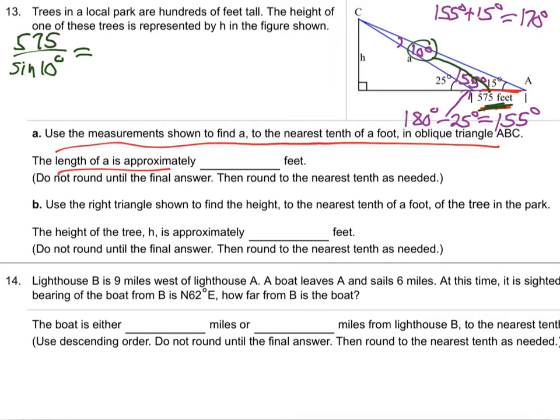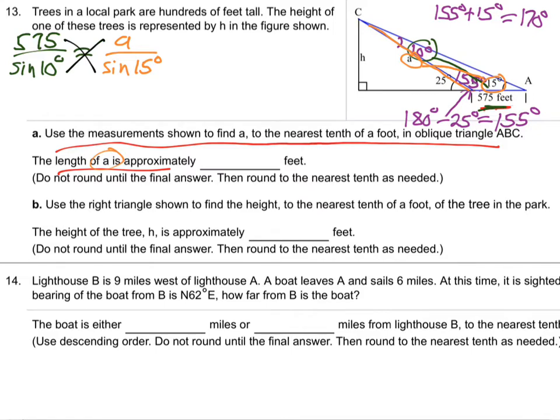And then I'm trying to find A. A is this side, that's what they're asking me to find in this first part. So A, that side, and the angle across from it is the 15. So A over sine of 15. There's my two equal fractions.